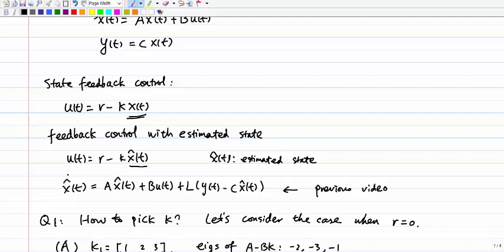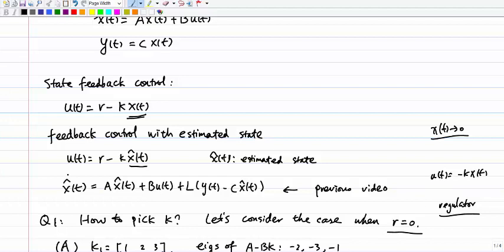So I can select many different kinds of K, right? Here let's consider a special case when r is equal to 0. Then u t just becomes negative K x t. This is called a regulator problem. I just want to regulate my state. I want my x t to go to 0.